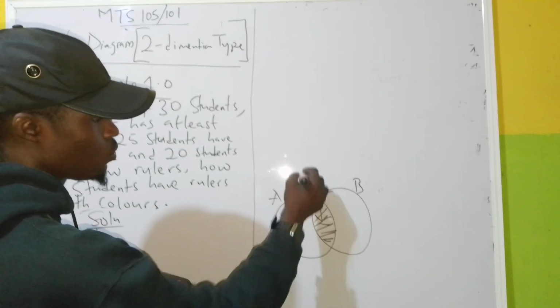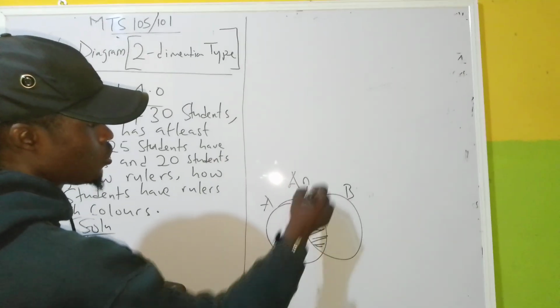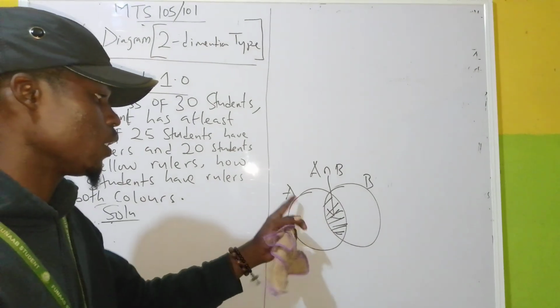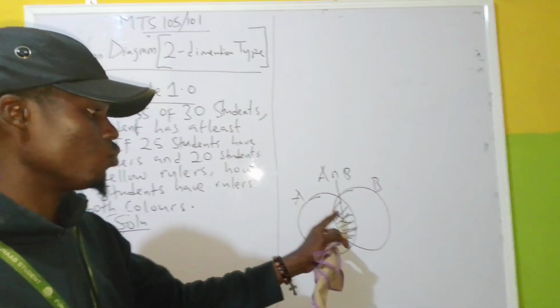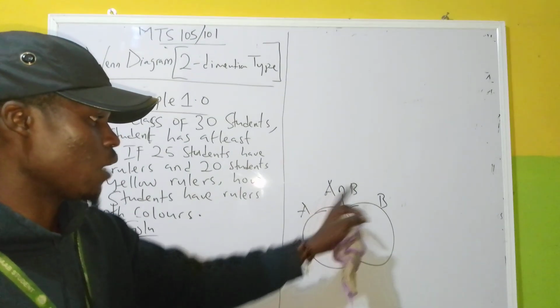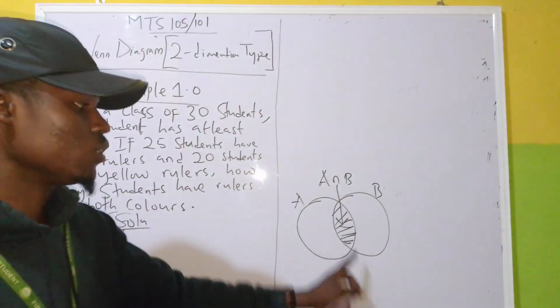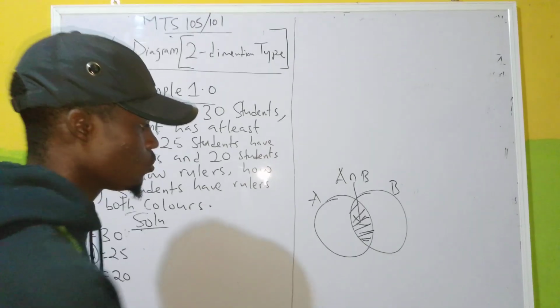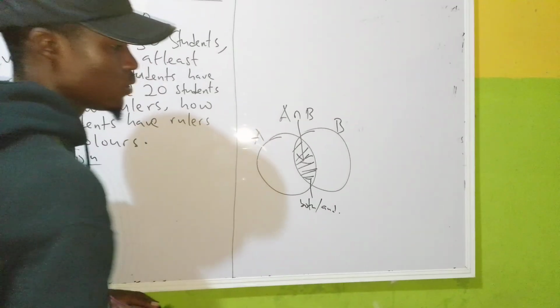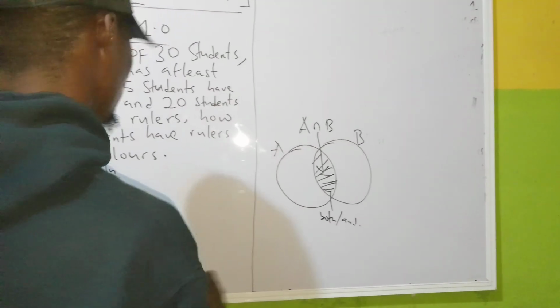So now I analyze A intersection B. This is where they are connecting. This place is what we call A and B, or both A and B. So you can use both words to represent it. You understand? That's what they mean.